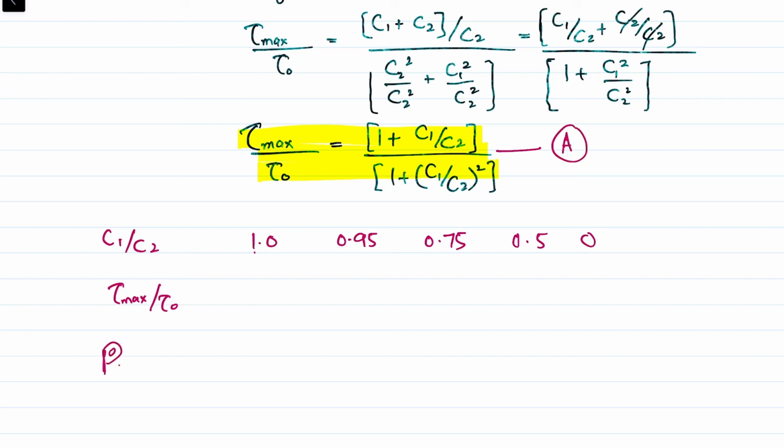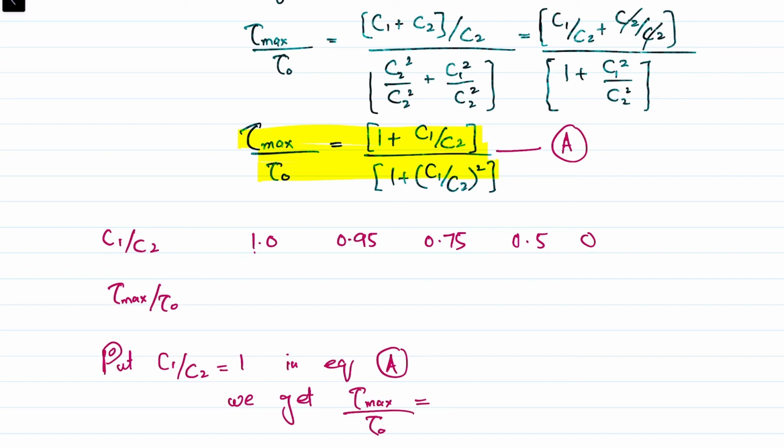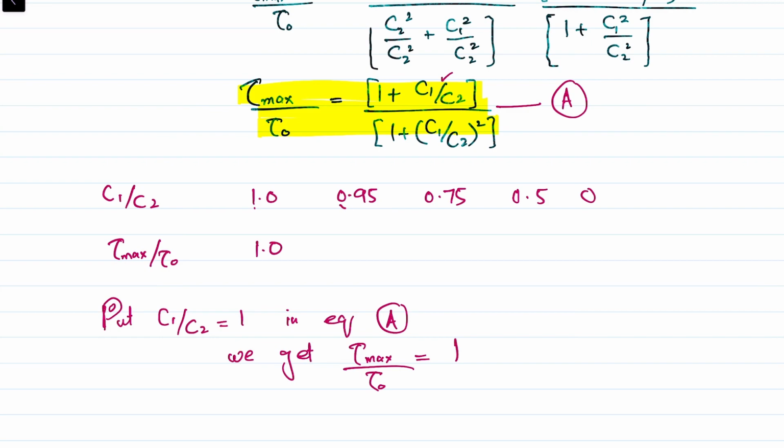So when you put 1 in this equation, let's say this is equation A. Put C1 over C2 equal to 1 in equation A, we get τmax over τ₀ equal to 1. You can see this C1 over C2 will be 1, so 2 divided by 2 will be 1. Similarly, you can put C1 over C2 in here, so you will get τmax over τ₀ as 1.025.